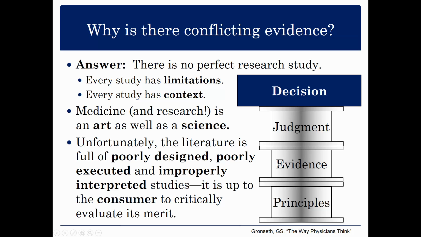We tend to focus so much on the evidence. And unfortunately, the literature can be just as confusing as it can be illuminating, because there are a lot of poorly designed, poorly executed, and poorly interpreted studies out there, which is why it's on you as a researcher to make sure you're trained in evaluating the literature.